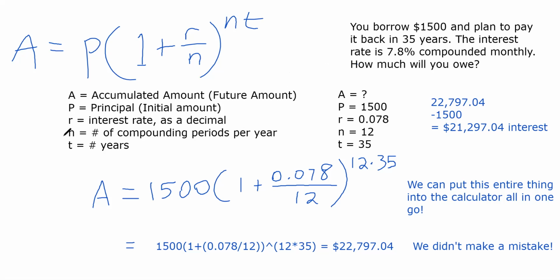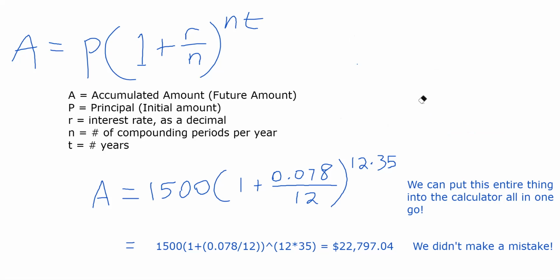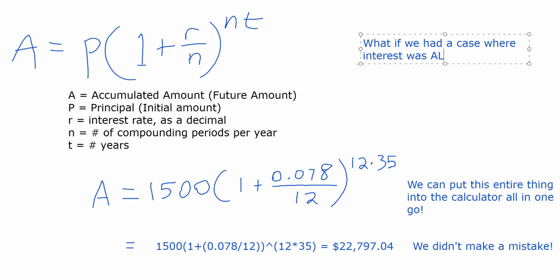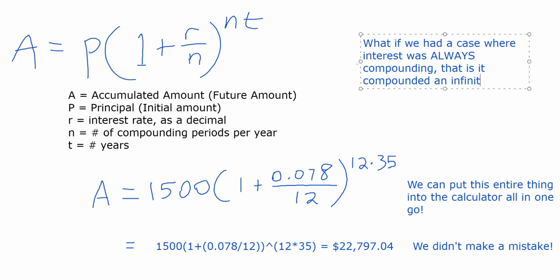The last thing we'll look at, what if we had a case where interest was always compounding? That is, it compounded an infinite number of times per year.